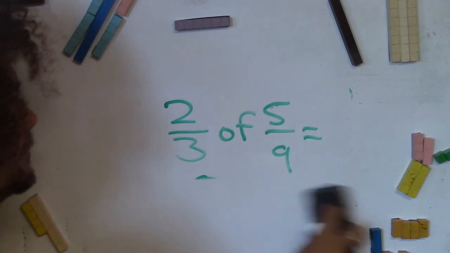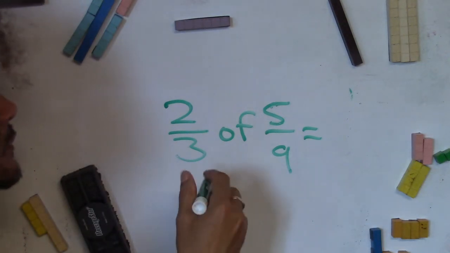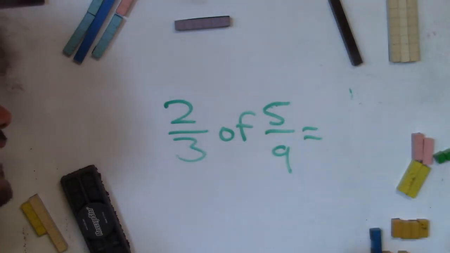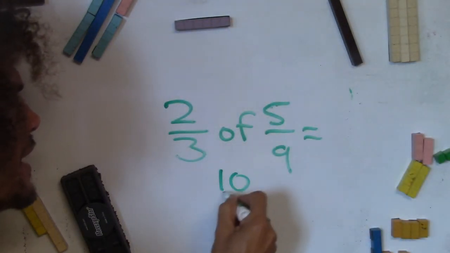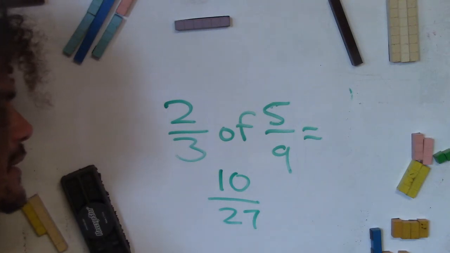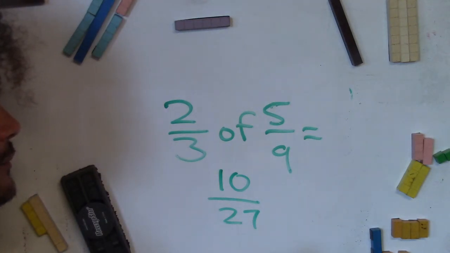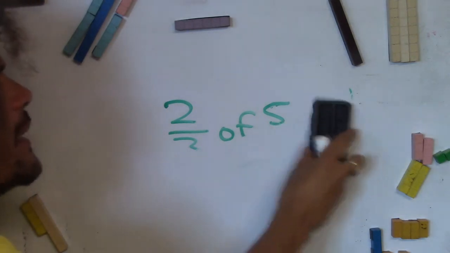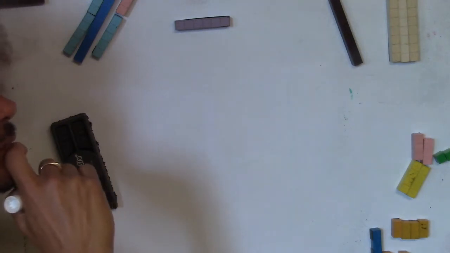I'm not going to do that. That's a completely different problem, unrelated. What we're going to have is 10/27. Right? Okay.